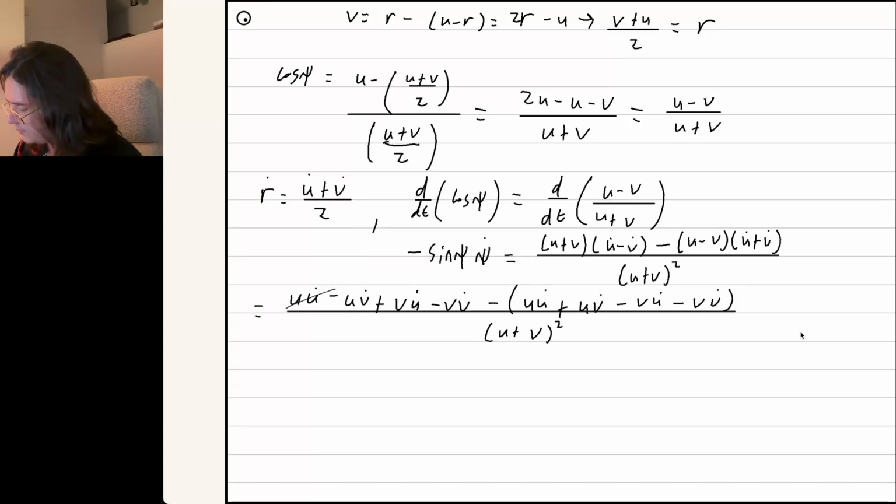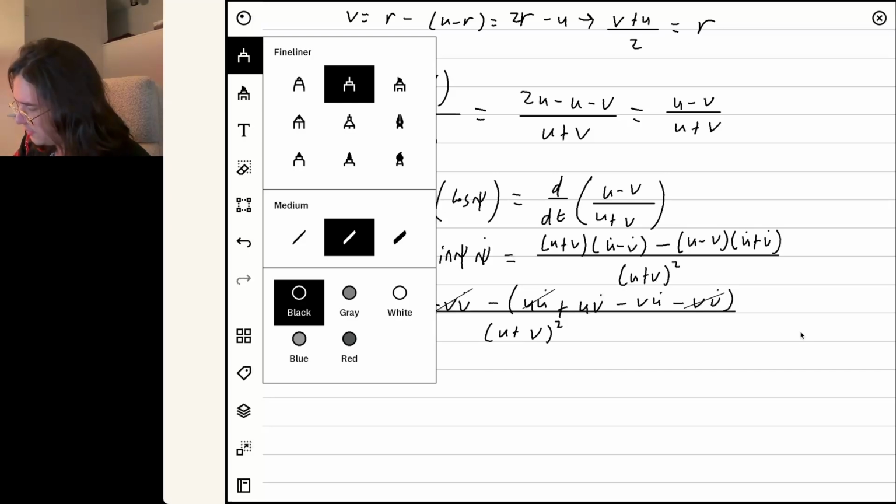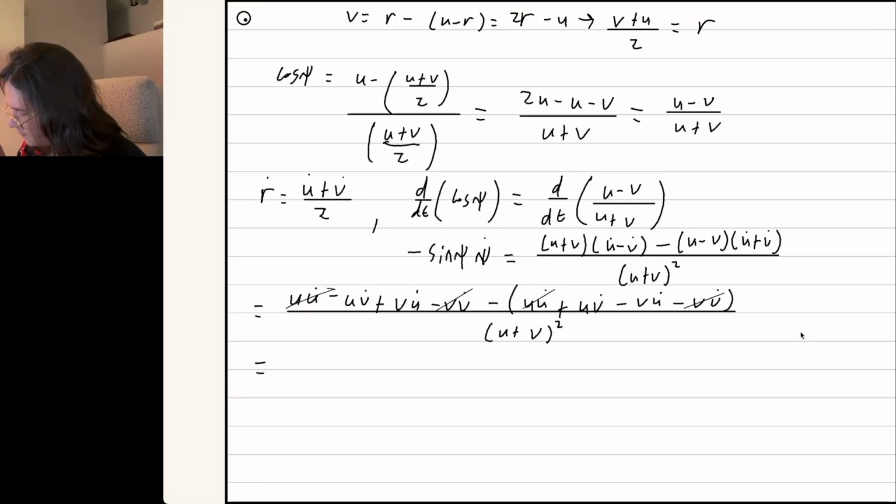The u dot will cancel out with the other u dot. We get to keep u v dot, and get to keep v u dot. v v dot does cancel out though, so it's just the cross terms that remain. And it's going to be minus 2 u v dot plus 2 v u dot over u plus v squared.